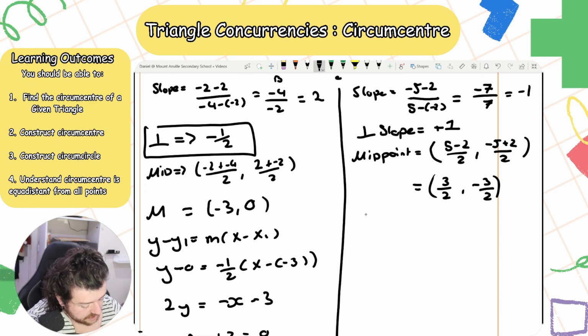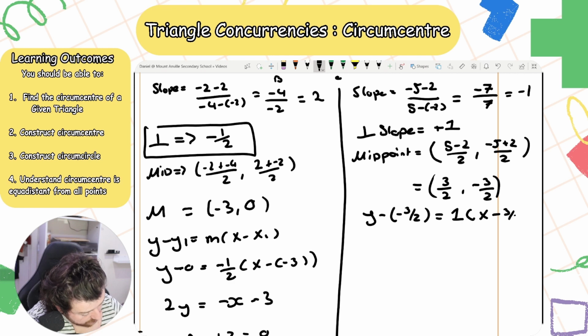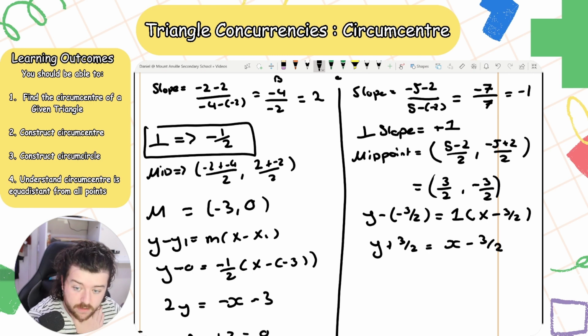So now let's find my equation of the line. y minus y1, so y minus negative 3/2 is equal to m, which is 1, times x minus 3/2. So I have y plus 3/2 is equal to x minus 3/2.